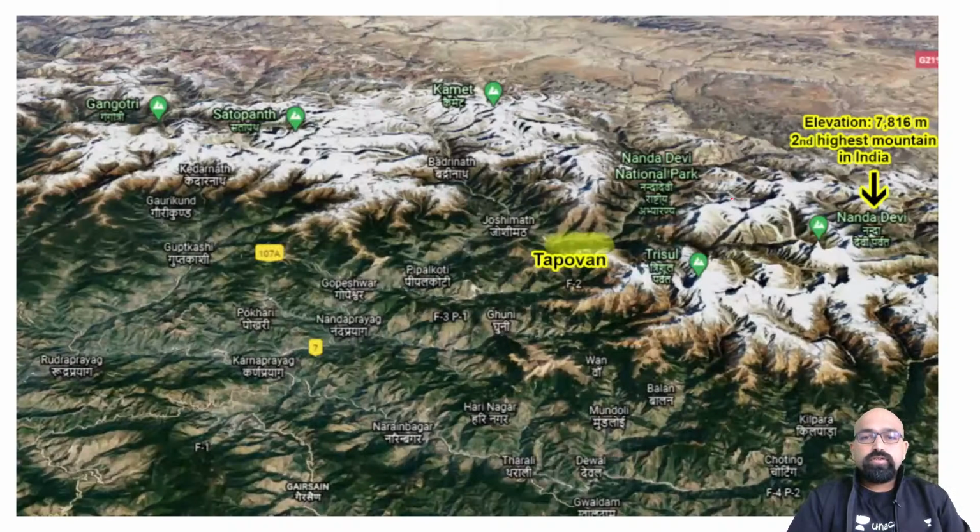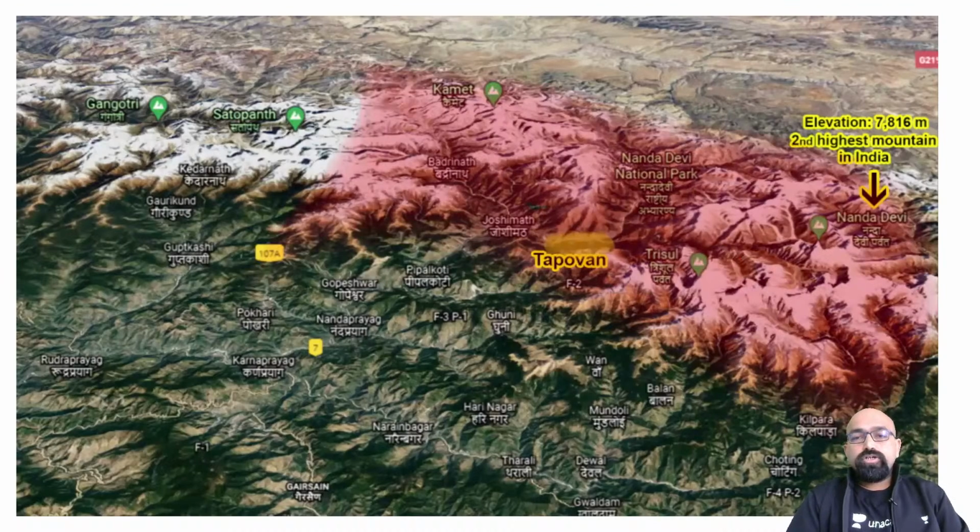So we can say the highest mountains are in the eastern part of the Chamoli district, and in this district there are many pilgrim and tourist sites including Badrinath, Kedarnath, Valley of Flowers, etc. Right. So this is the topography of this region.